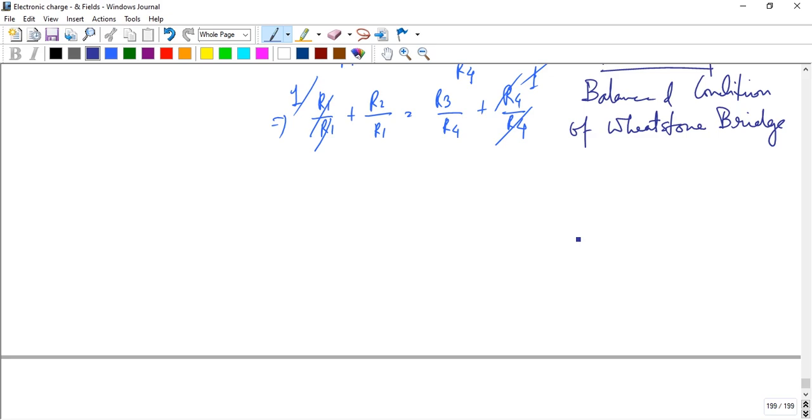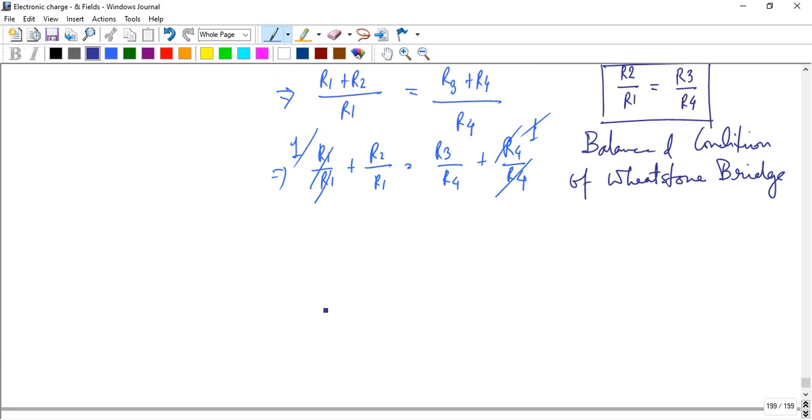Similarly, another important concept is the meter bridge, similar to the Wheatstone bridge. The meter bridge is an application of the Wheatstone bridge.